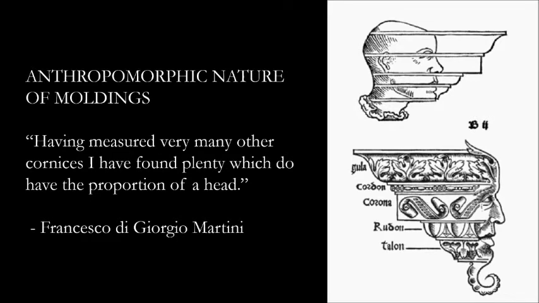Here is an example from Francesco di Giorgio Martini, who said, having measured very many other cornices of buildings, I have found plenty which do have the proportion of a head. And so as you're thinking about the placement of ornament, you might think of its anthropomorphic connections.